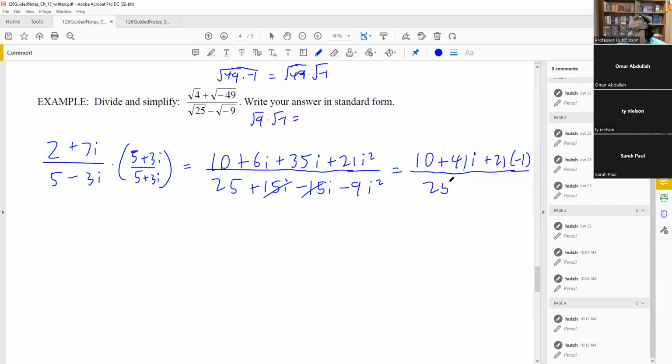So we can just write 9 and then times negative 1. Middle terms cancel out, and then we put a negative 1 in for the i squared there. Going to continue with this. We have 10, and that's going to be minus 21. So 10 minus 21 is negative 11 plus 41i.